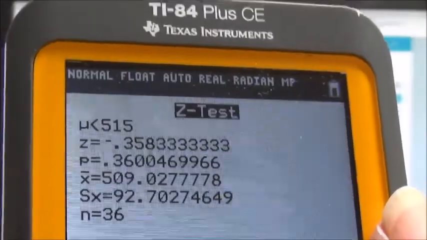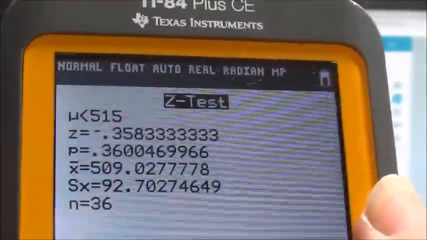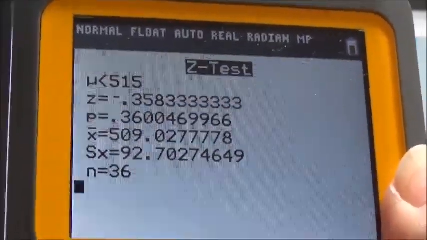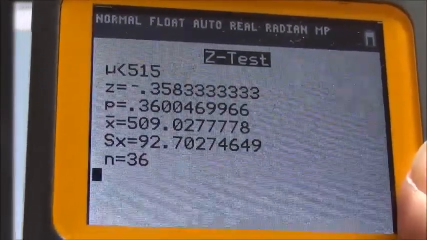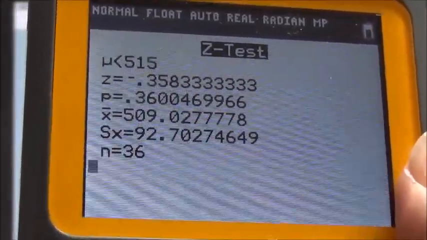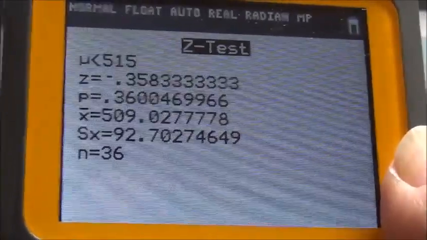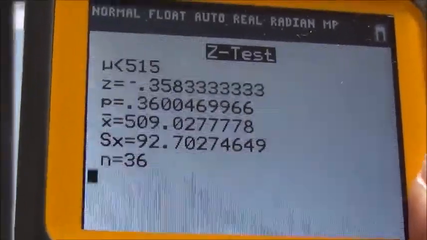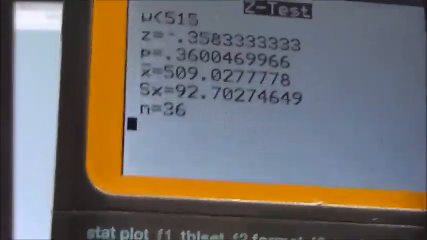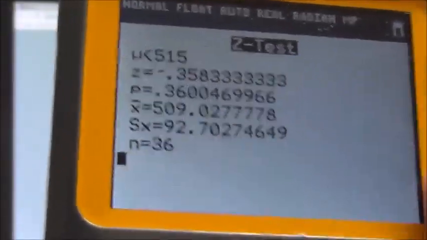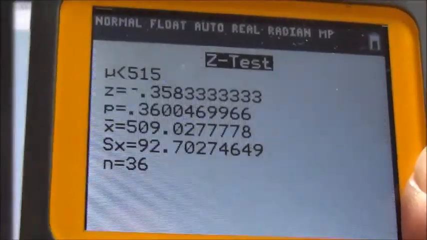When I go to calculate then, it is going to give me the z-score, the p-value, and then my mean, my sample standard deviation, and how many numbers I had there. What we need to do on this one is we want our test statistic and our p-value. On Aleks, sometimes they will ask for the test statistic, sometimes they will ask for the p-value.